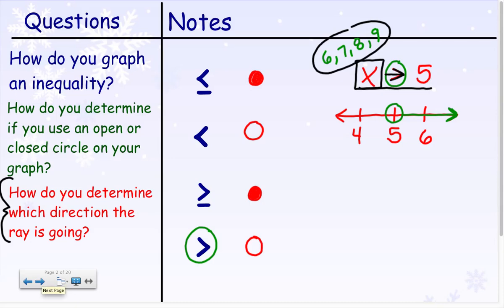This arrow is pointing to the right, so I shade it to the right. If mine is less than, I can turn that into an arrow and shade to the left. This only works if your variable is on the left. If your variable is on the right, it wouldn't work.